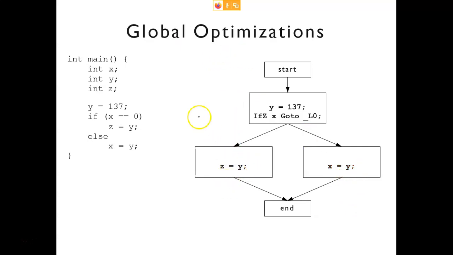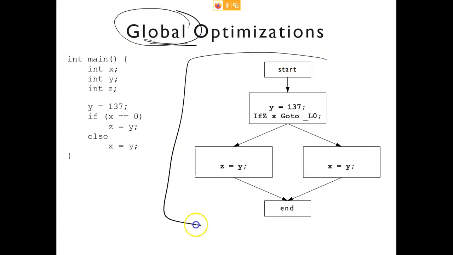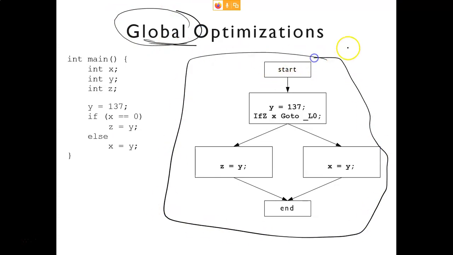Now let's see global optimization. Of course it is not in the syllabus, but let me just tell you how it works. Global optimization means you are doing optimization on the complete control flow graph, between the basic blocks.